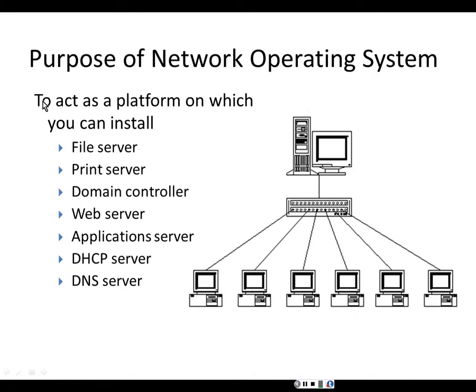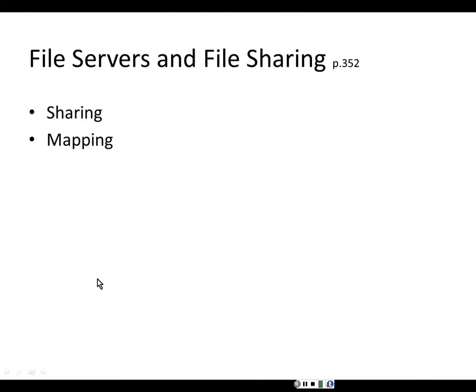So you could say the purpose of an operating system is to act as a platform onto which you can install the file server, print server, domain controller, web server, application server, DHCP server, or DNS server. Let's now turn to page 352 and discuss file servers and file sharing.